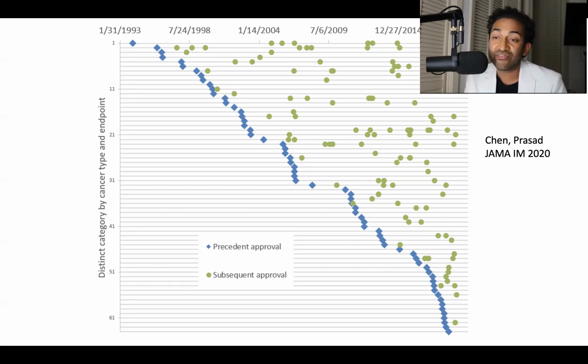What you see here is we go all the way back to 1993, and we come all the way to the present. And I think what you see is what I see, which is the FDA is slowly and steadily expanding the tumor types for which we accept the surrogate. The more blue there is, the more different ways in which you can get an approval based on a surrogate.